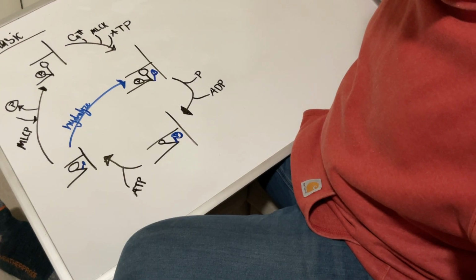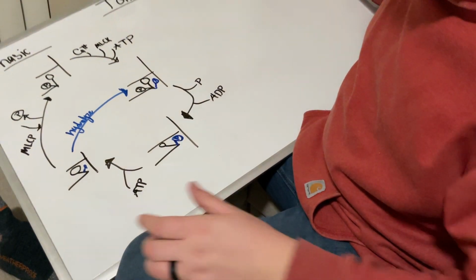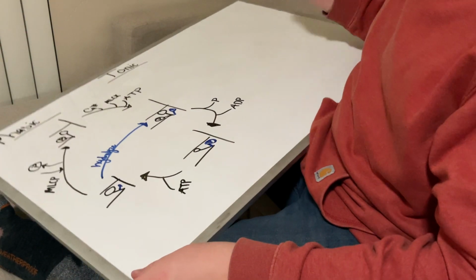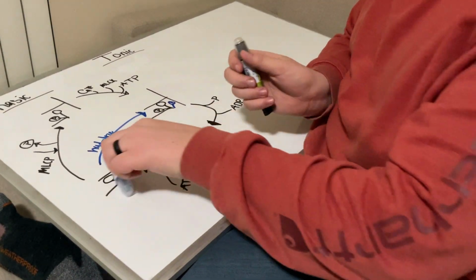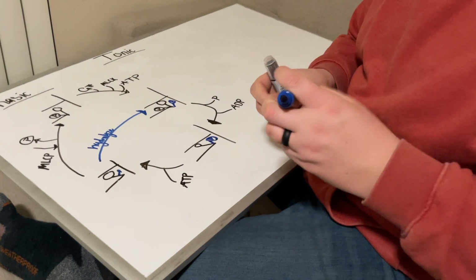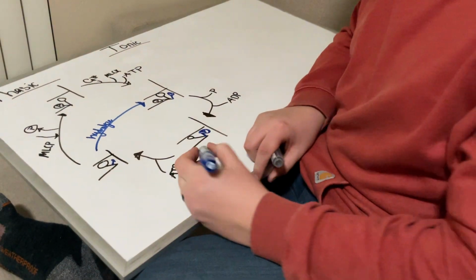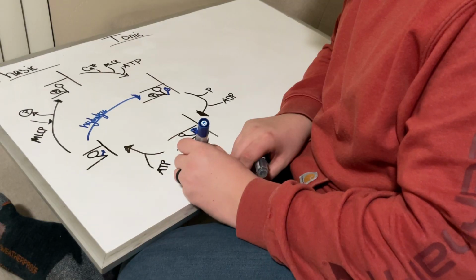The regulation of this MLCK is that when calcium enters either the ligand-gated or the voltage-gated channels, we have calmodulin. It looks like a snake.